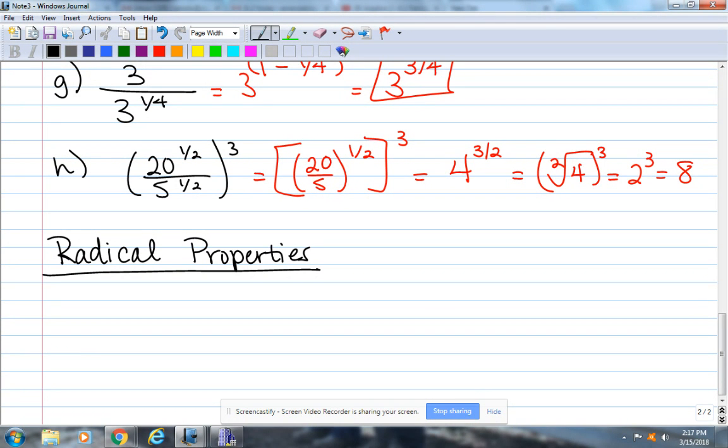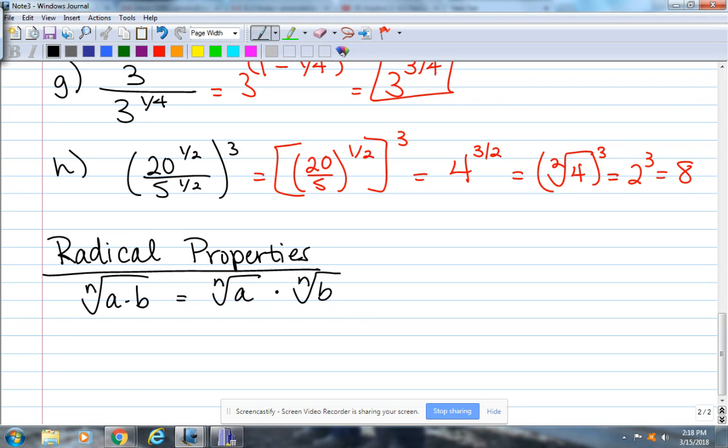Okay, so I need to say that because you will see some square roots on your homework without a number. So if it doesn't give you an index, assume it's a square root. Okay? So if we have the nth root of a times b, that means you can take the nth root of each separate radical. So there's one property.